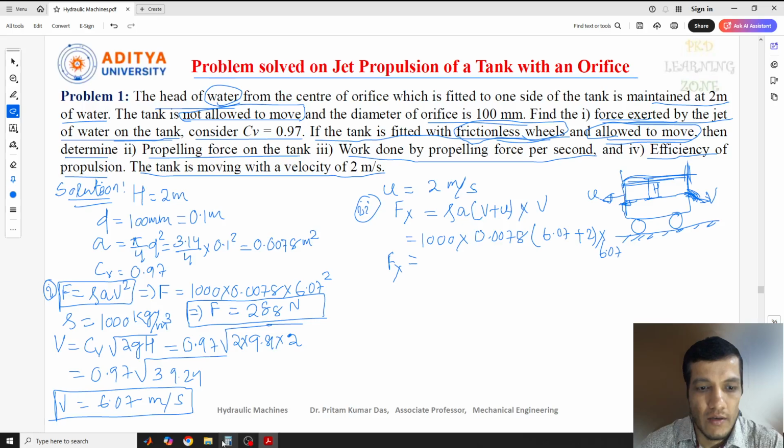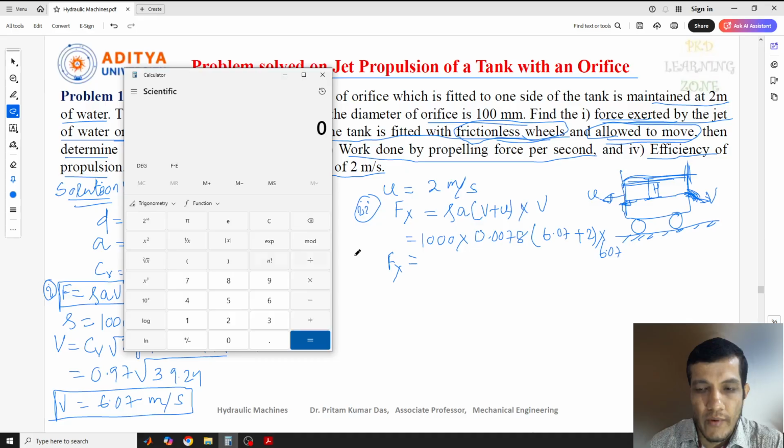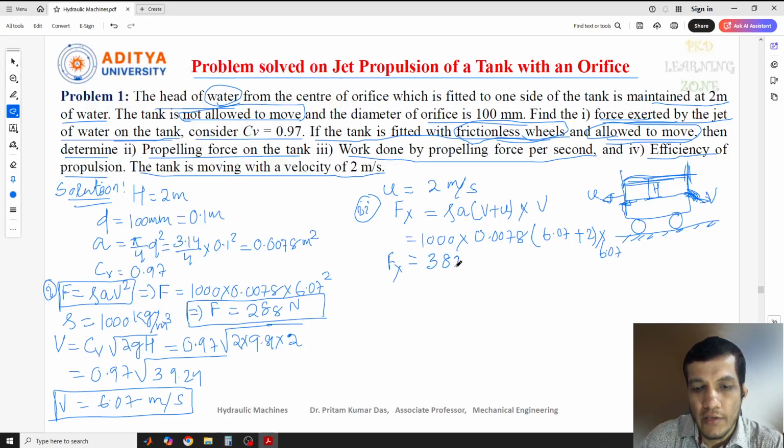So this is 1000 multiply 0.0078 multiply 6.07 multiply 8.07, which is 382.08. So we can write 382.08 Newton. This is the propelling force.